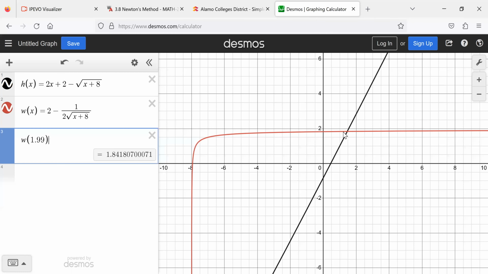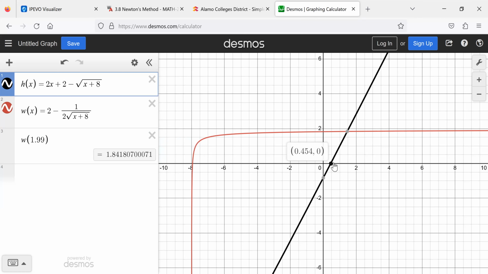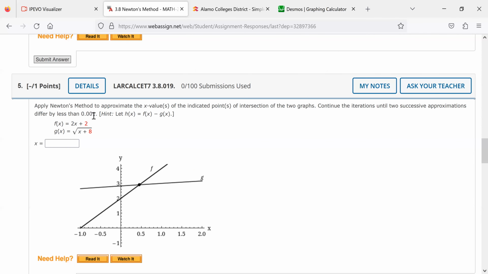What did we say it was? 0.54. So you do it one more time, and then you'll get within that tolerance they're requesting. There won't be much of a change. So once the change is less than this, you plug in the x value that you found. That makes sense?